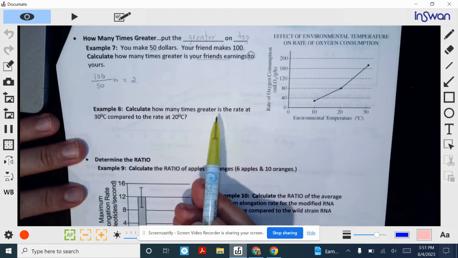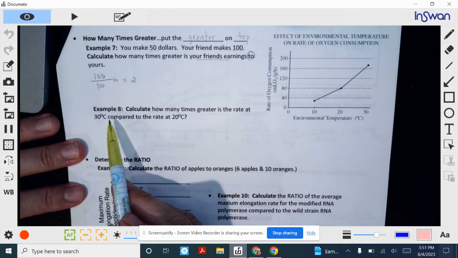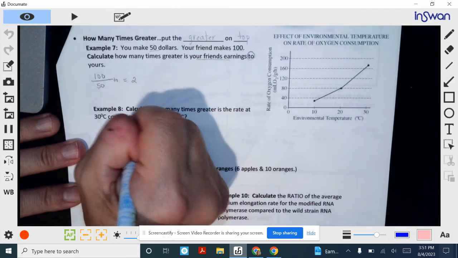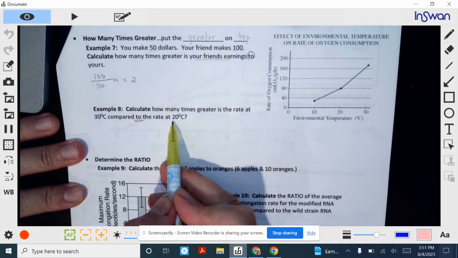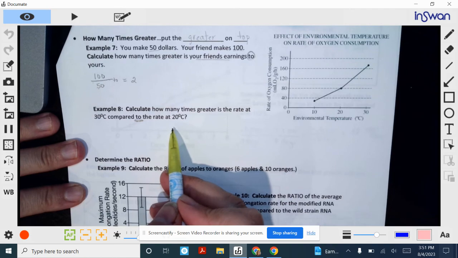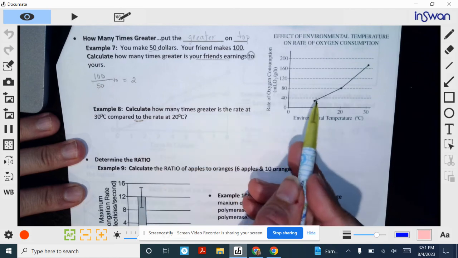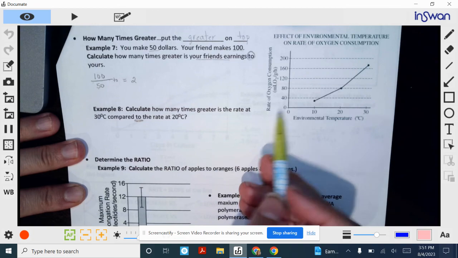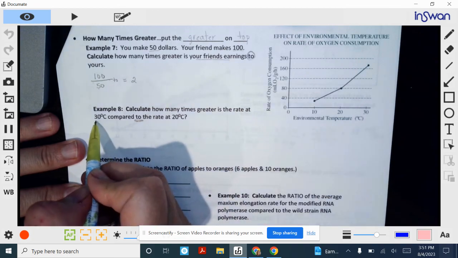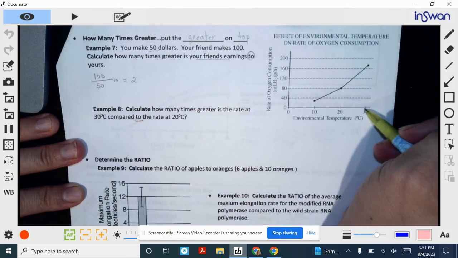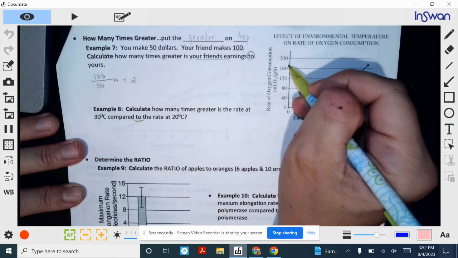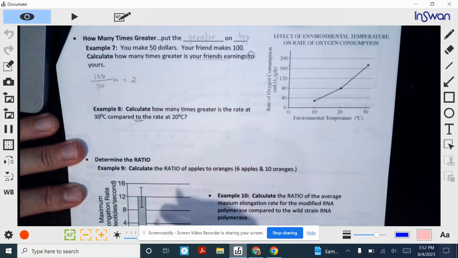Calculate how many times greater is the rate at 30 degrees Celsius to the rate at 20. I'm not asking you to calculate rate. They've already done that. These are all rates, okay? So I just got to read the table or read the graph. So at 30 degrees, let's call that about 170, okay?